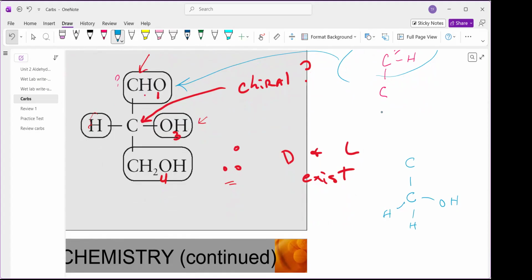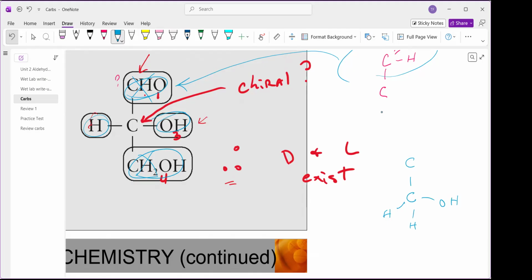So we have effectively 3 different groups, not 4. So that's not a chiral carbon either. The only one that's chiral is the one in the middle, because we have 4 groups attached to that middle carbon: an H, OH, this group up here, and this group down there, and none of them are the same. So that middle one is a chiral carbon.